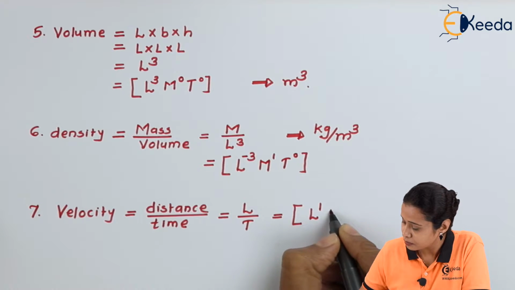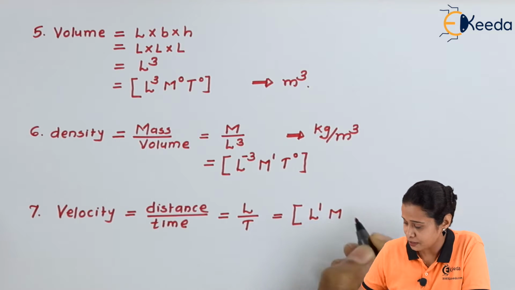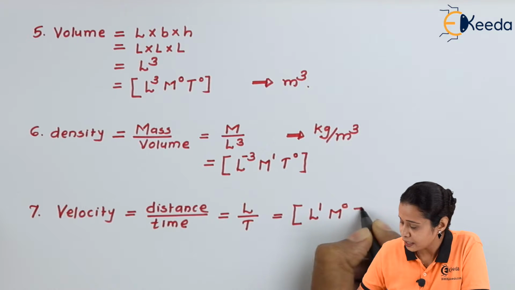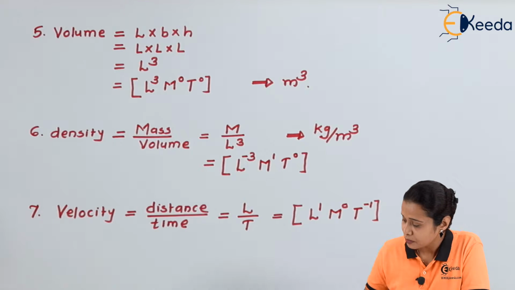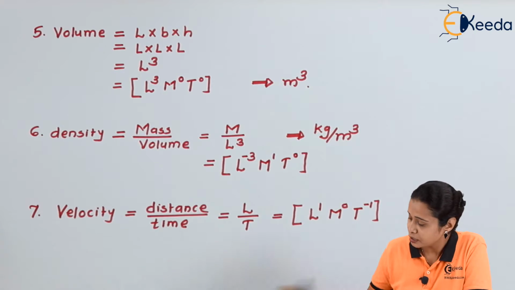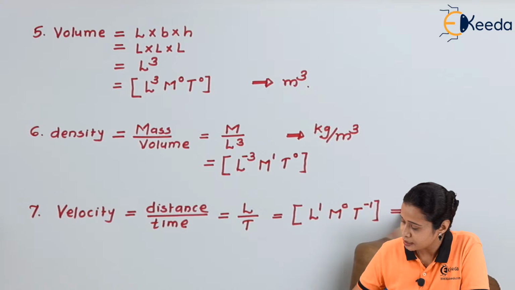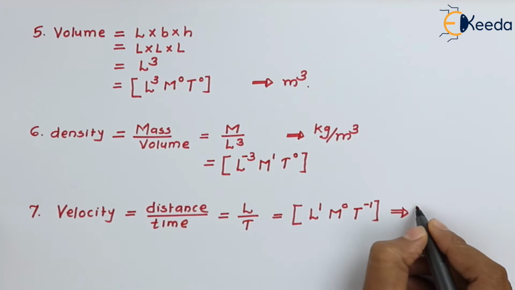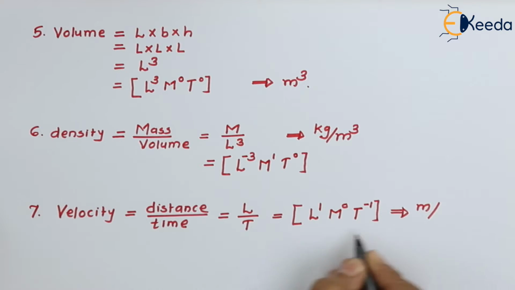So here mass is absent firstly, and T is in the denominator, so it is -1. And if you want to write down unit, the unit for this is length. L is length means meter, and time is second, so meter per second.